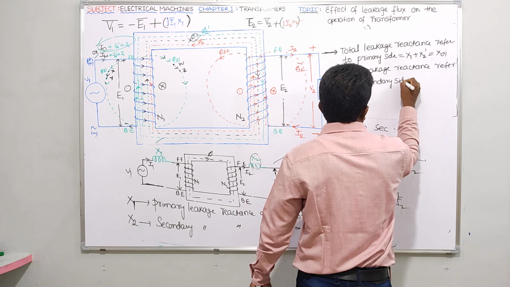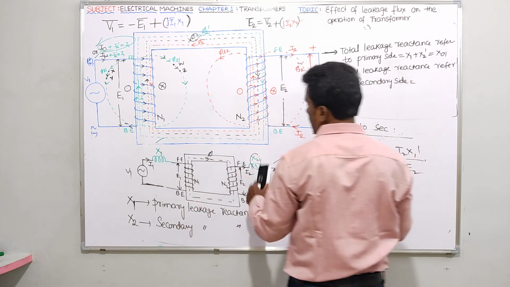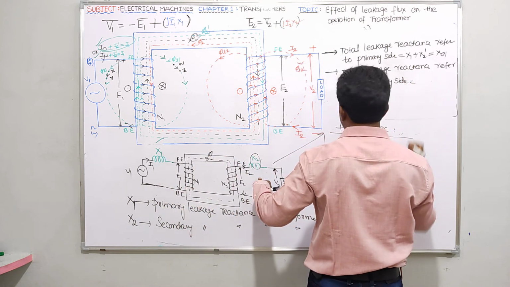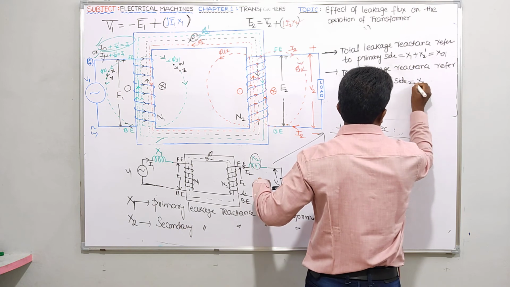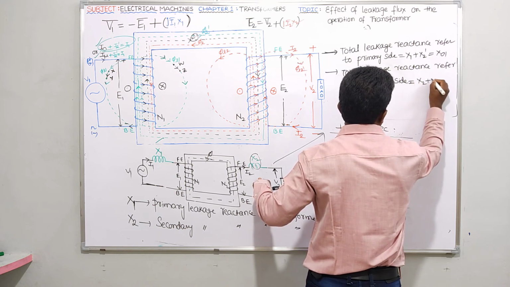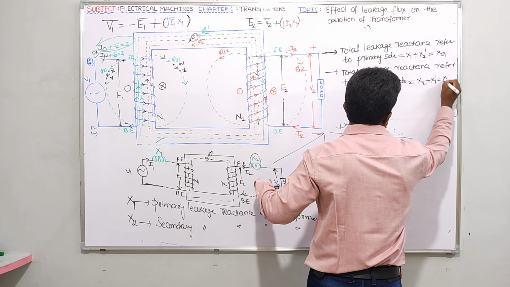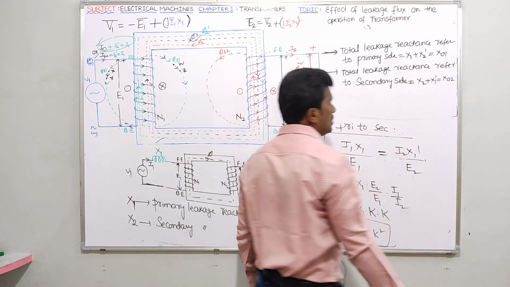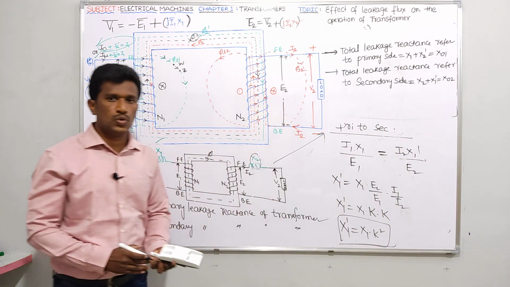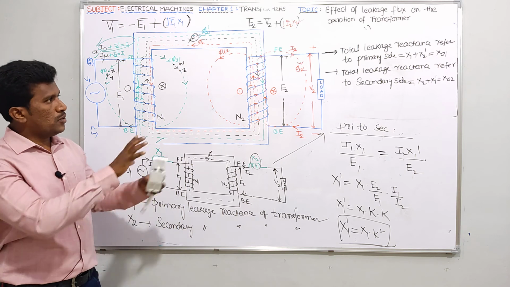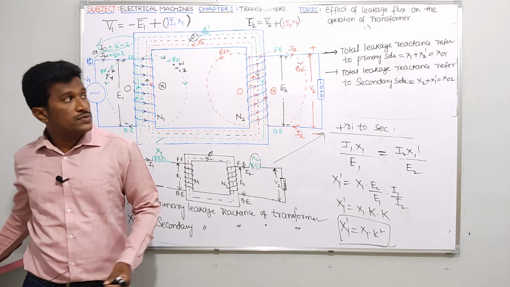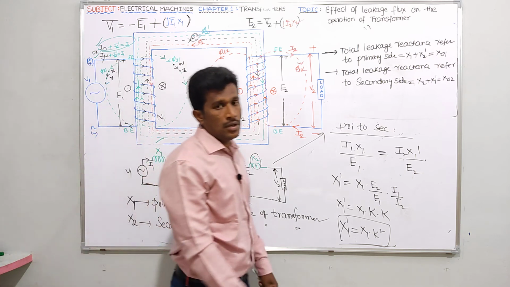If I refer this X1 towards the secondary, already on the secondary side X2 is there. From the primary side X1 is coming, it is becoming X1 dash. It becomes X02. That's it. Is it clear? So this is about the effect of leakage flux on the operation of a transformer.